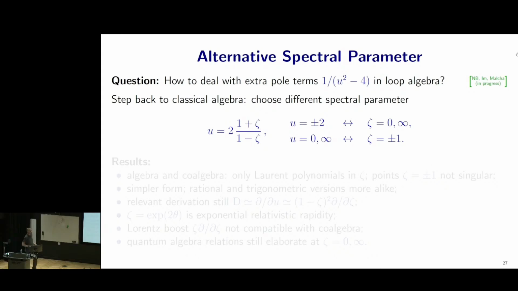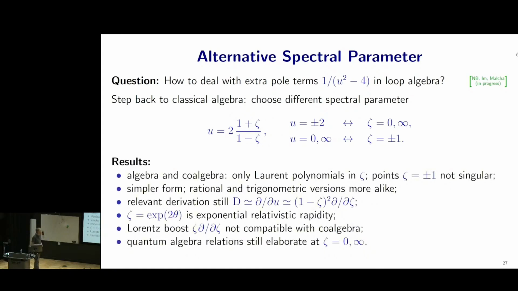It's just a coordinate transformation, but it somehow makes all the algebraic relations in the classical algebra simpler. We hope that we can make some progress with that, and then come up also with a proper quantum version, in particular for the shift operator, which should be an additional symmetry for the R matrix. In principle, we can construct it, but it would be much nicer to get the full algebra relations for it.